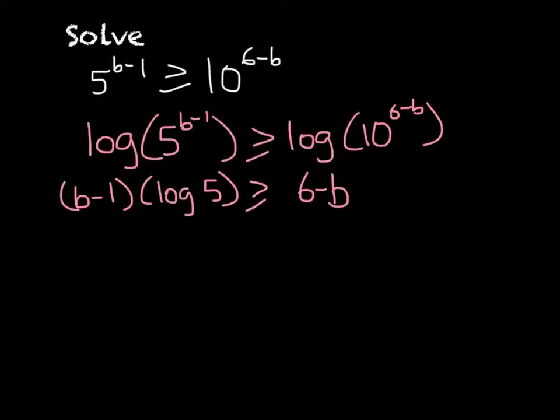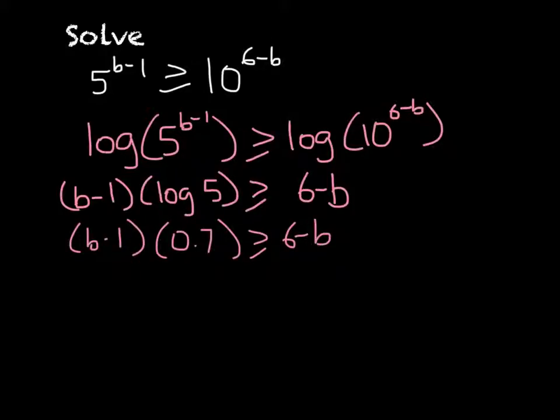At this point, we can enter log 5 into our calculator so that we have b minus 1 times 0.7, just about, is greater than or equal to 6 minus b.